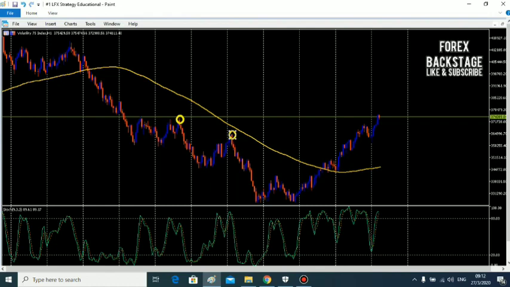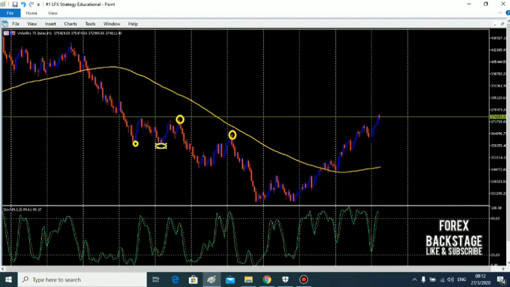But look, I'm not identifying from these troughs. So in a bearish setup, you look at the peaks. Then in a bullish setup, like for example in this scenario, you look for troughs.